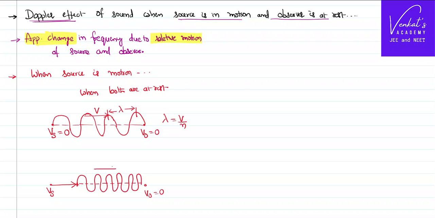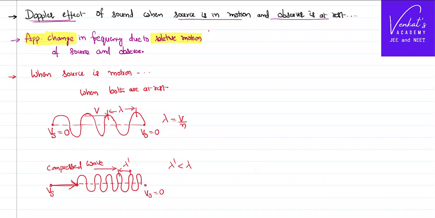So you can notice clearly the wavelength in this case, lambda dash, is less than lambda because the source has compressed the waves as it is moving towards the observer.